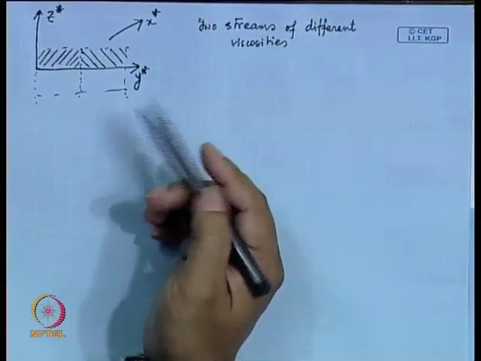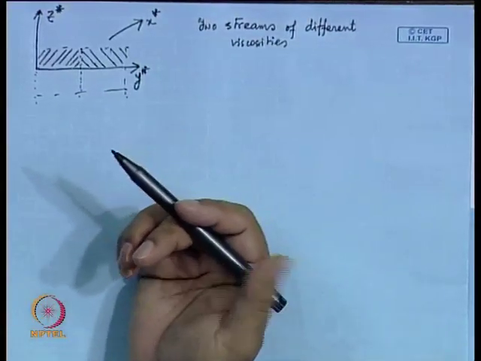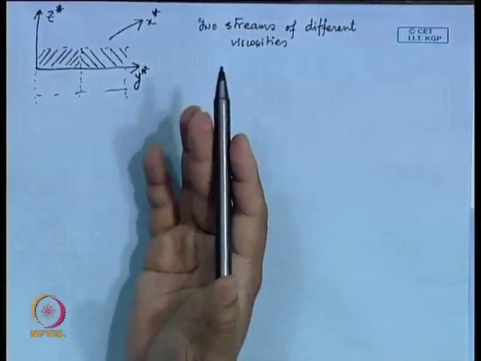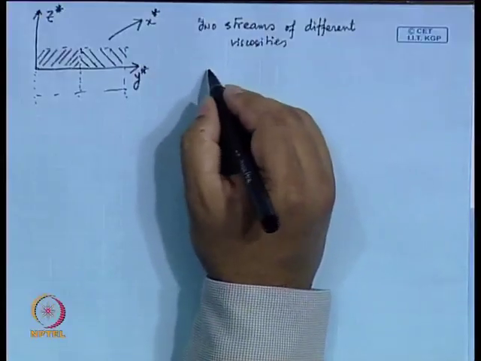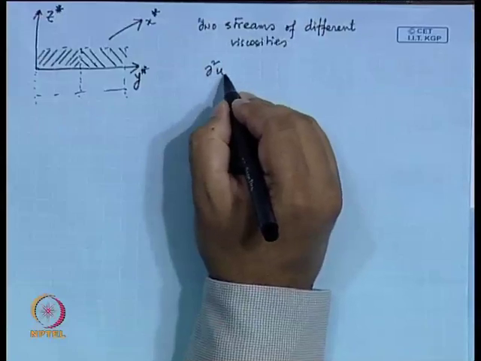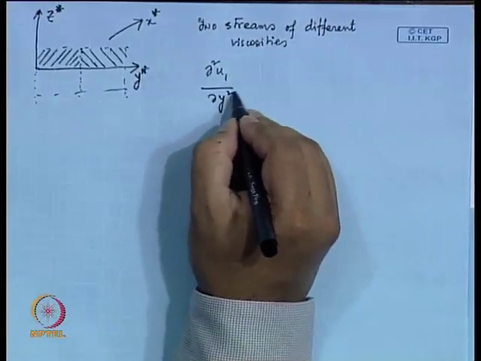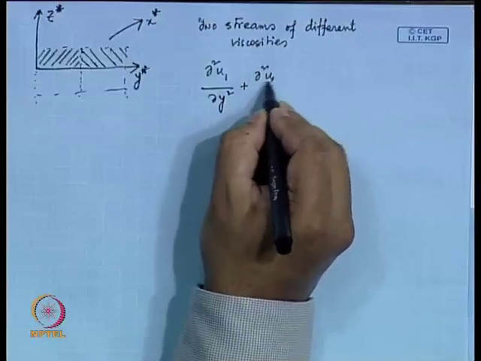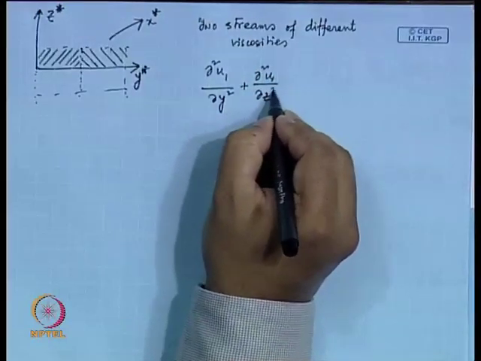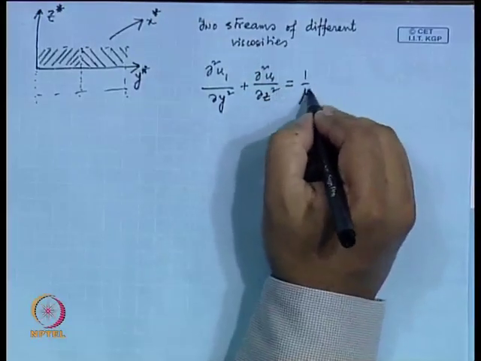The approach is that you write down the Navier-Stokes equation for these two systems separately. For the left one, it would be del square u 1 del y square plus del square u 1 del z square equal to 1 by mu del p del x.